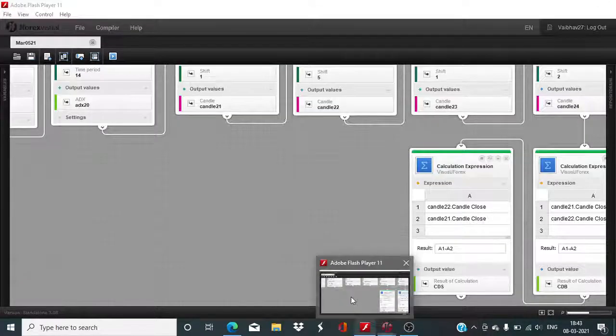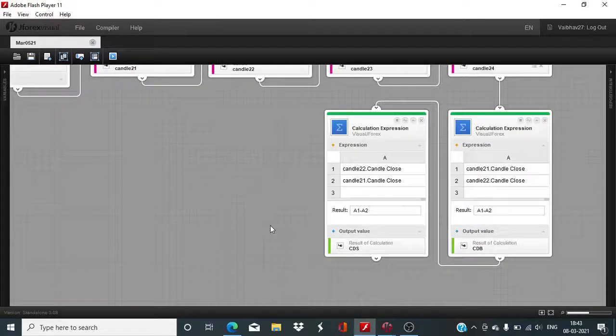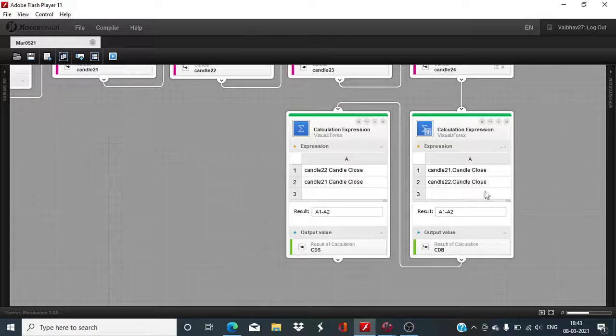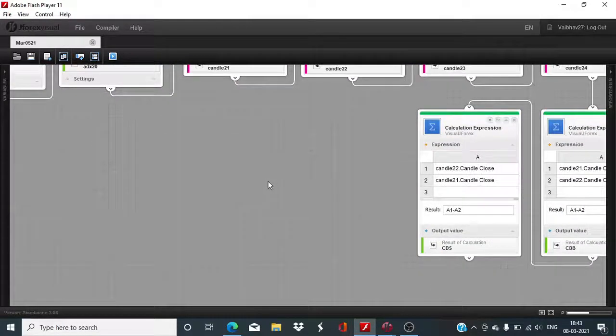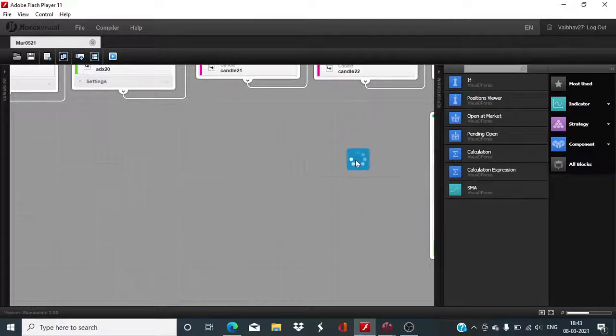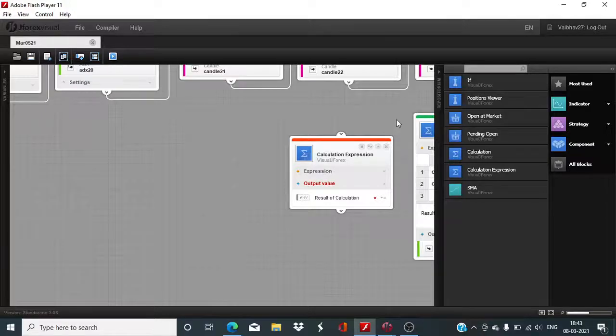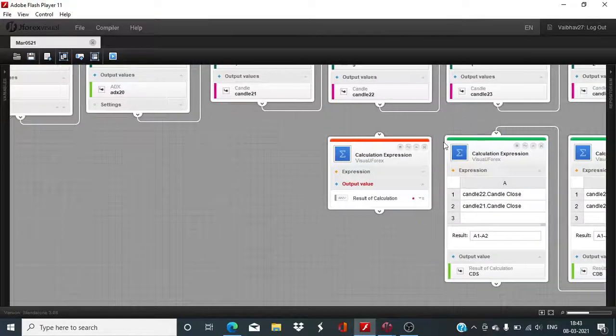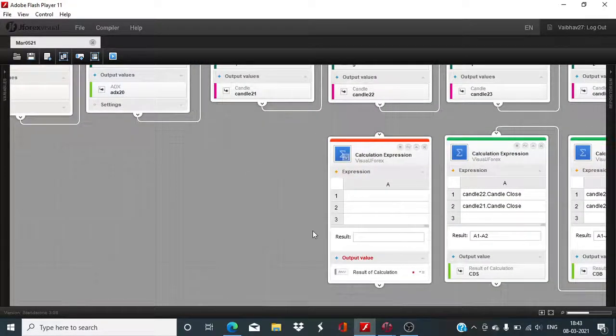So let us now head back to the Visual JForex board. Here I had done this calculation for looking at the actual value, and for the minimum value I will have to define it using the calculation expression and the pip size for the given instrument. In this case we are using the EUR/USD as our default instrument.